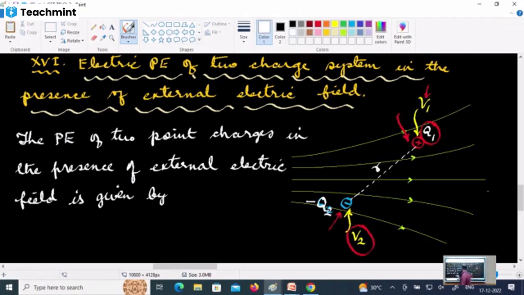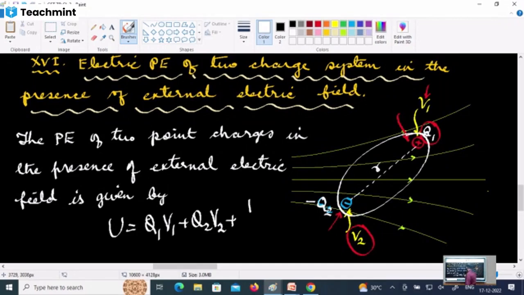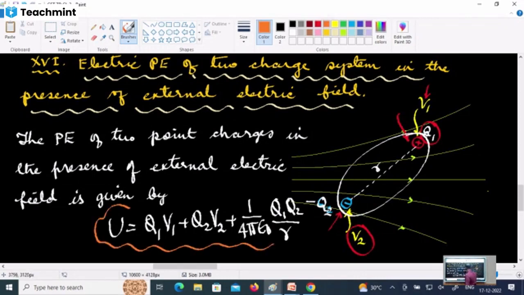Therefore, the potential energy stored here is given by Q1 V1 plus Q2 V2 plus work done to assemble these two charges as a pair, which is 1 divided by 4 pi epsilon naught Q1 Q2 divided by R. So this is the potential energy stored in a 2 charge system in the presence of the external electric field.